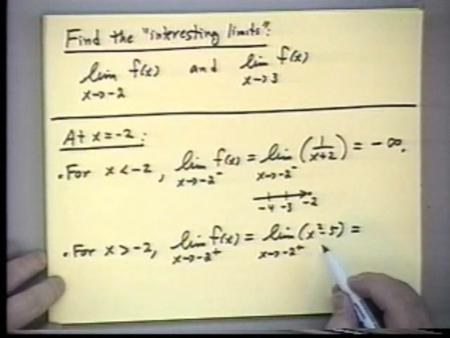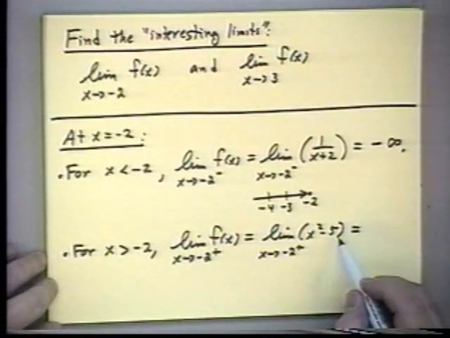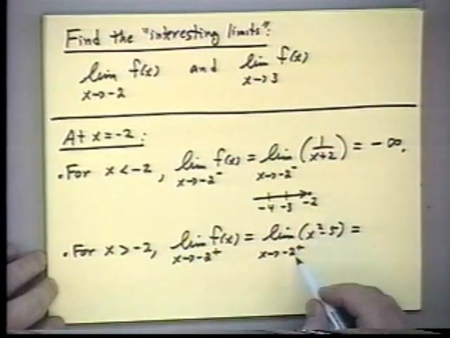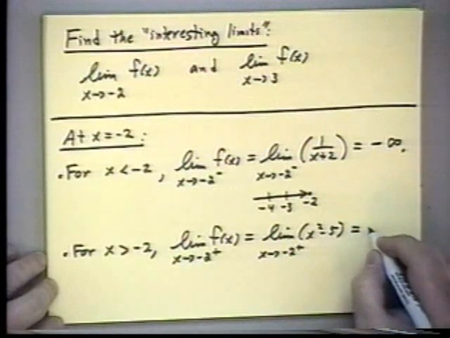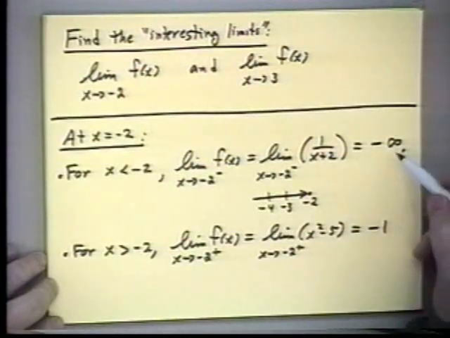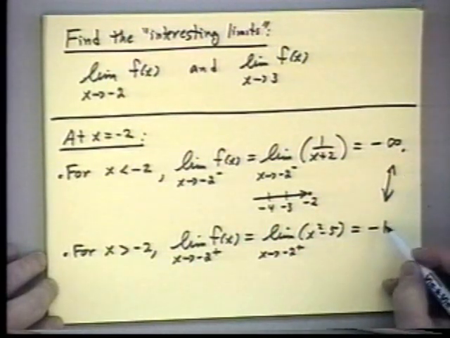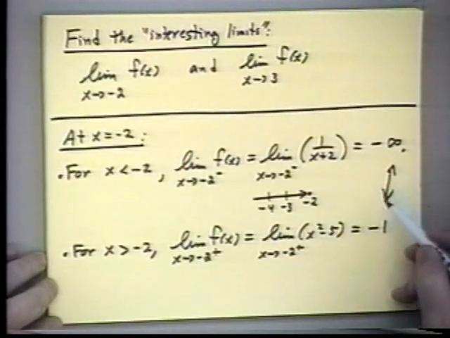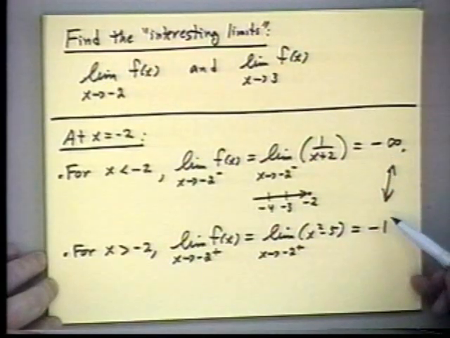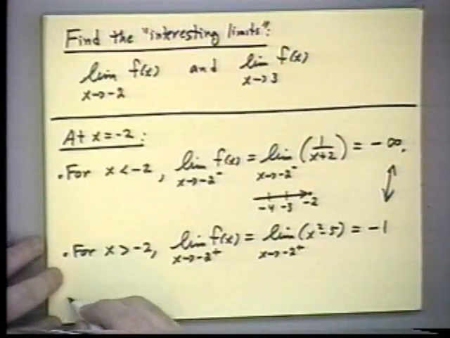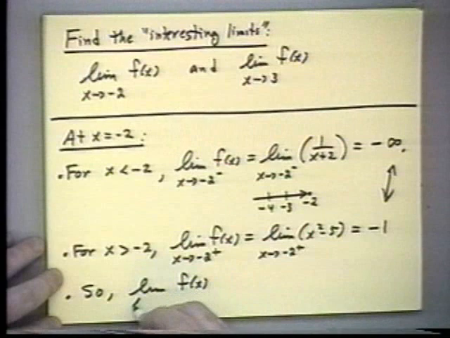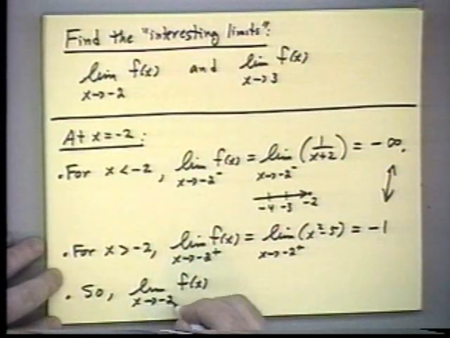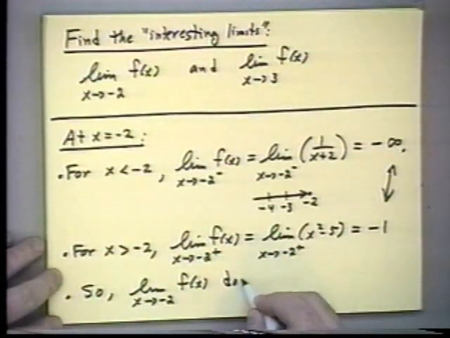Now that's a particularly easy limit to take because we already learned that for polynomials taking a limit is the same thing as substitution. So if I put minus 2 in for x, x squared is 4, minus 5, so that's minus 1. And please note that the two one-sided limits at minus 2 are not equal. Because these two are not equal, there is no two-sided limit. So we'd write the limit of f of x as x approaches minus 2 does not exist.